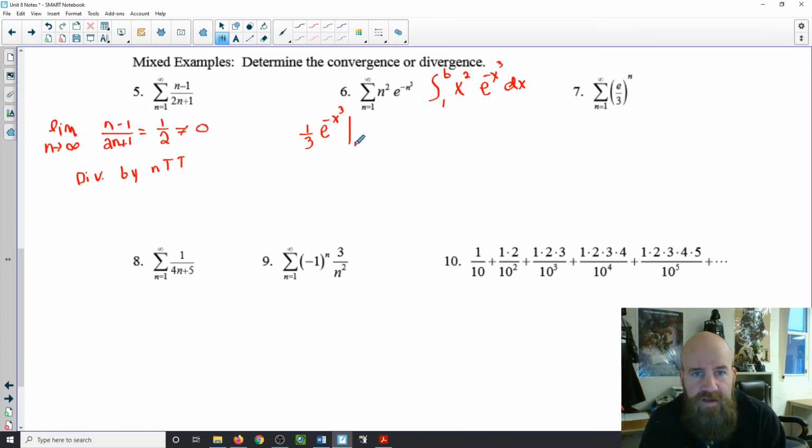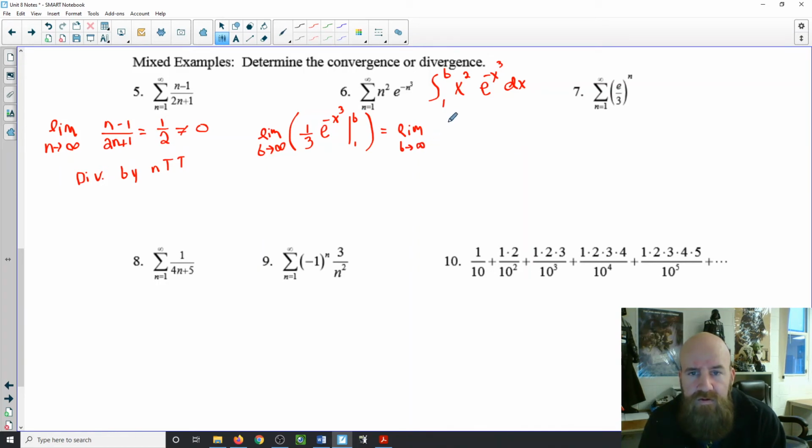So we're evaluating that from 1 to b, and we are running the limit of this as b approaches infinity. And we end up with, let's see, plug in b and we plug in 1.